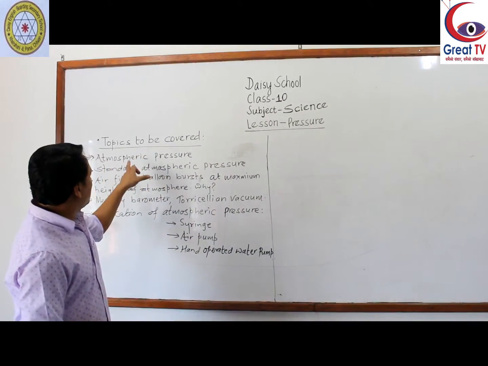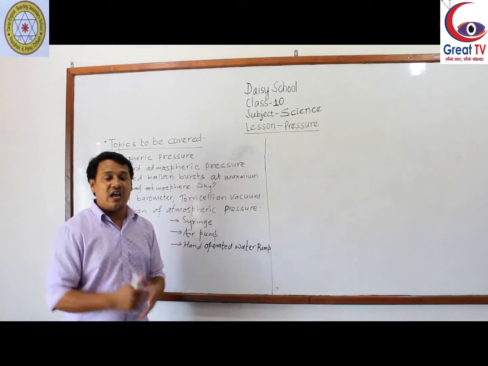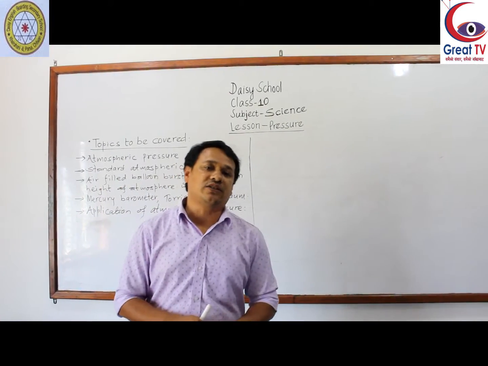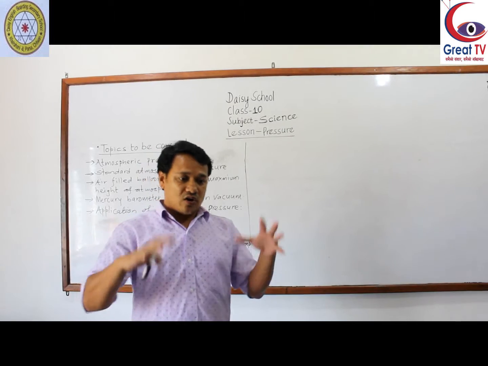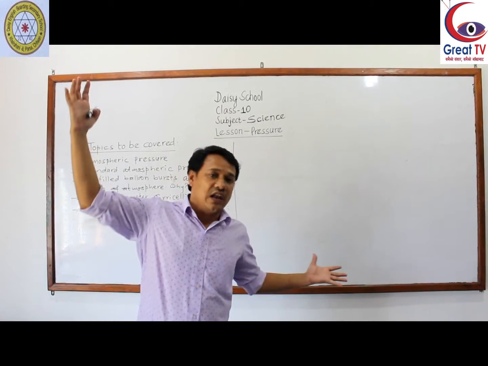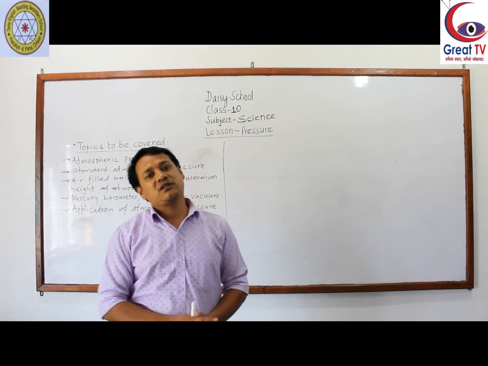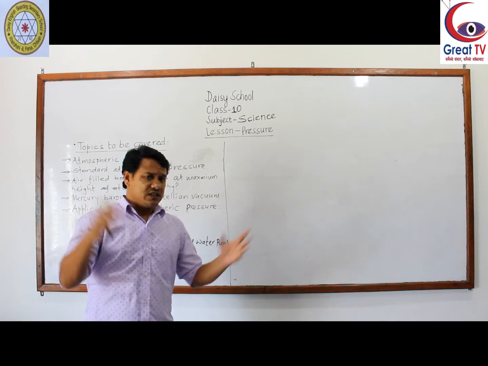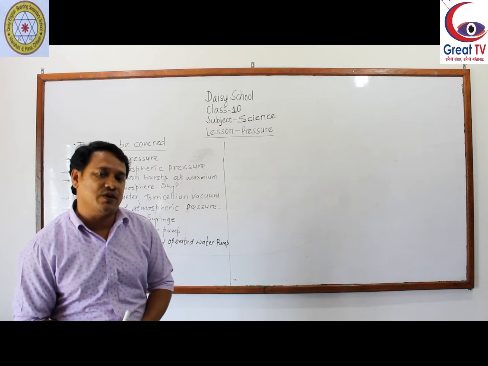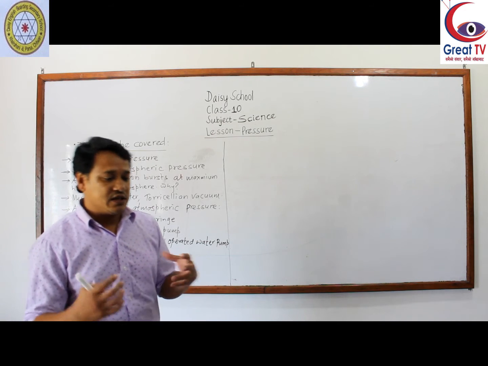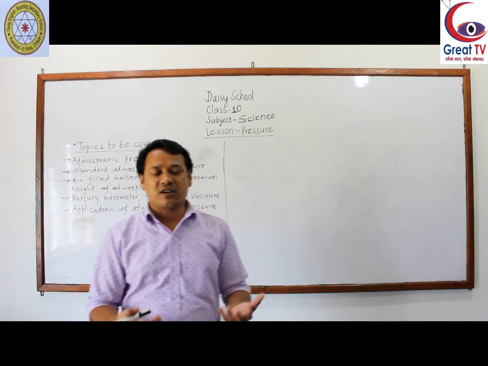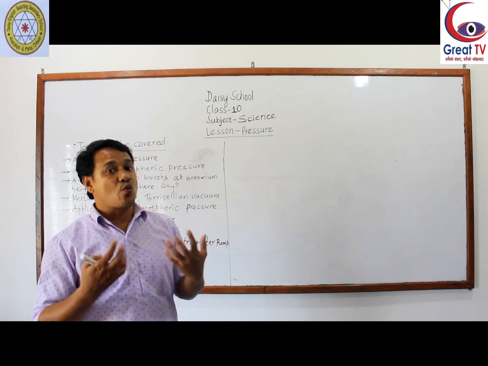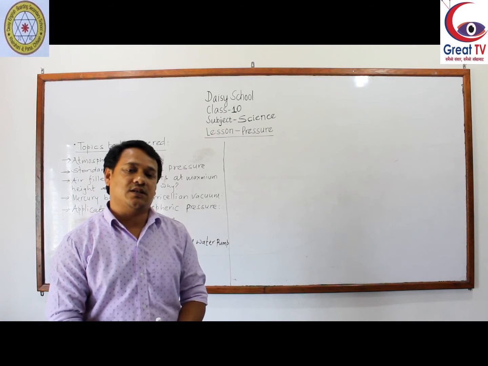Similarly, air is matter. The thick layer of air that surrounds the earth is the atmosphere. Our earth is surrounded by a thick layer of air, about more than 1,000 kilometers from its surface. This thick layer of air is called the atmosphere, and this air is also matter. Matter has its own weight, and this weight of the air exerts pressure.